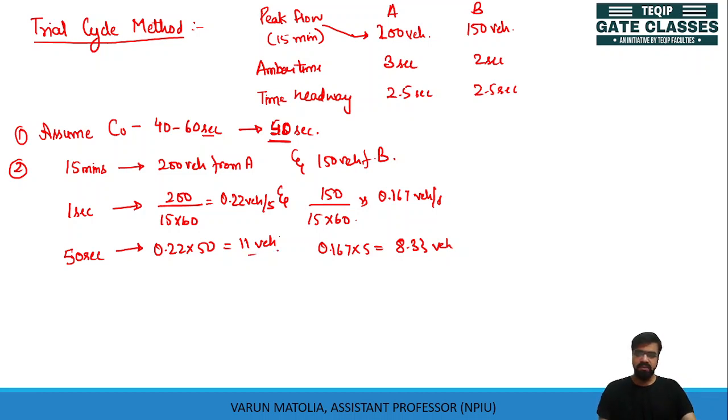If so, green time for A should be 11 vehicles moving with a time headway of 2.5, so green time for this should be 27.5 seconds.